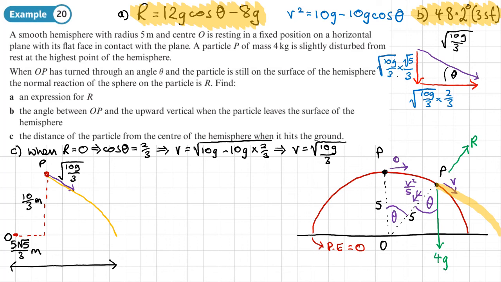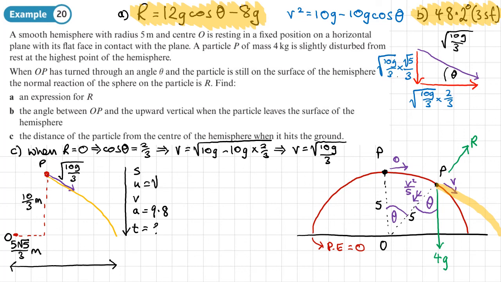So SUVAT, and we're taking downwards as positive since everything is going down. S, U, V, A, T. So T is what we're trying to find. A is going to be 9.8 because we're taking downwards as positive. U is going to be this part of the velocity, so we'll try and squeeze that in.